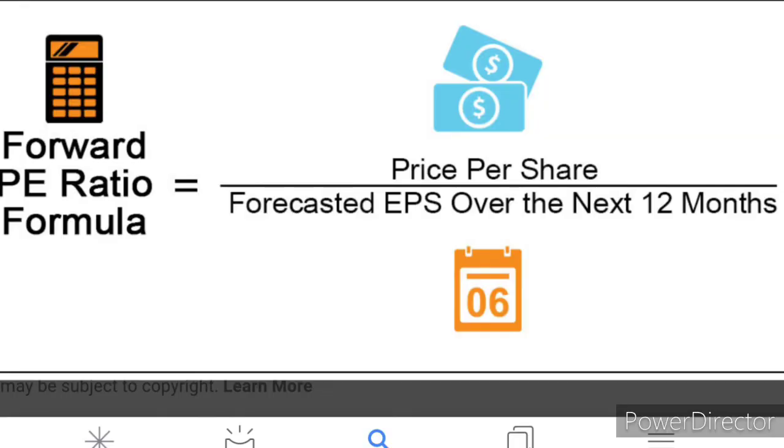So the way that you're going to calculate the forward PE is by taking the current stock price and dividing it by EPS estimates, or what the analysts say the estimated EPS, or earnings per share, is going to be in the next 12 months. So in the 12 months in the future.